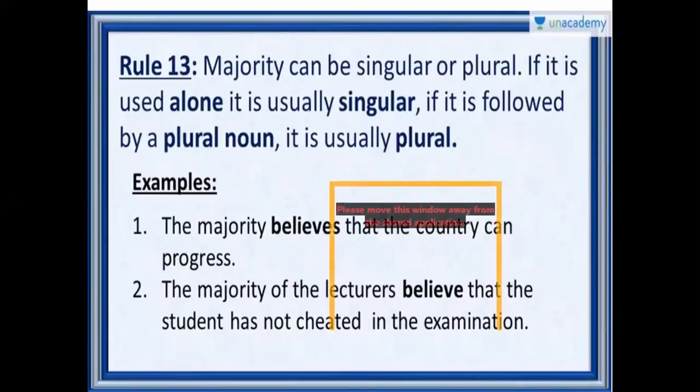After that, nothing is being given, like majority of teachers or majority of students. So the majority believes, singular verb is given. If it is followed by any plural noun, like majority of people, teachers, students, leaders, then the verb should be plural.